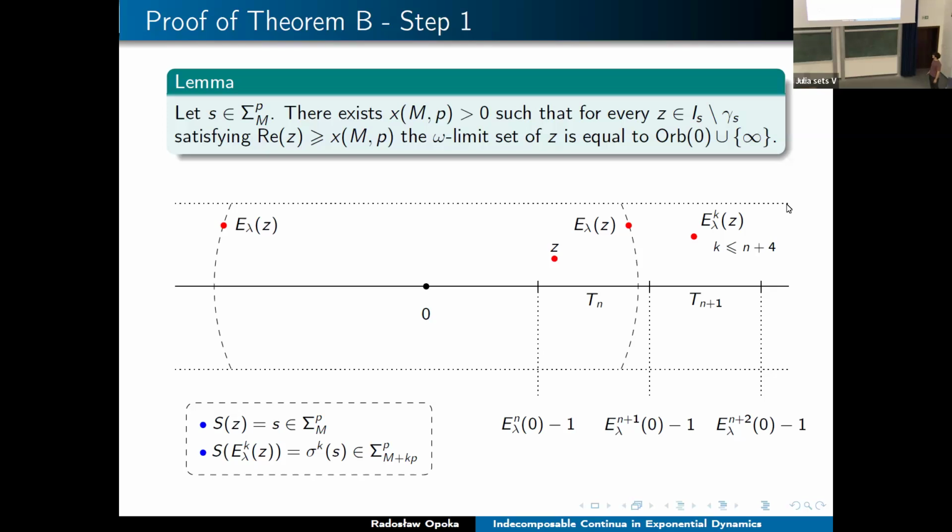And the answer is yes. For itineraries with linear growth, we can do that. So in some sense we know that if we are far to the right, then the omega limit set for such points is as we want.